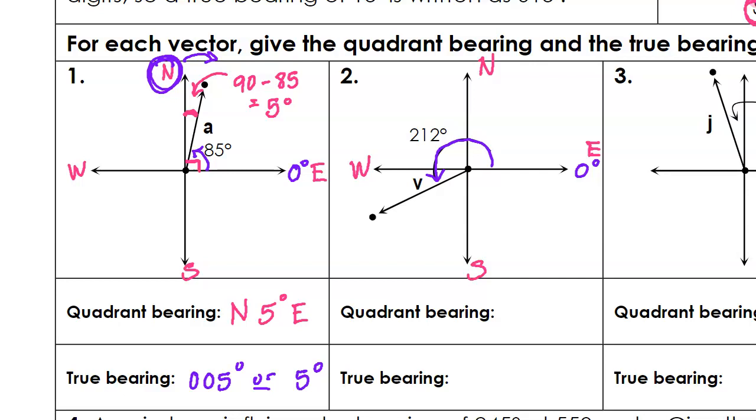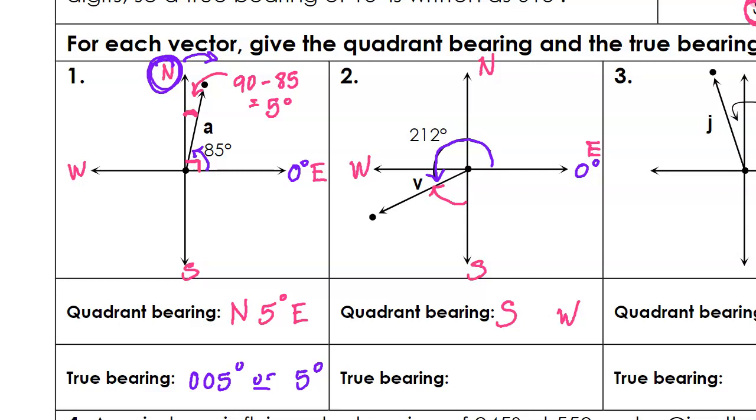I'm trying to find the quadrant bearing, meaning I have to think about which, north or south, my vector is closest to. So this time it's going to start with an S. And from south, I go in which direction to reach my angle? Towards the west. That's my second letter.